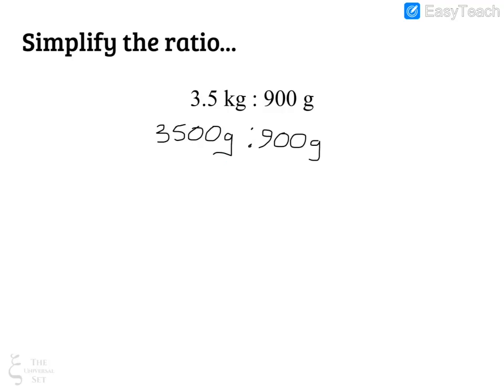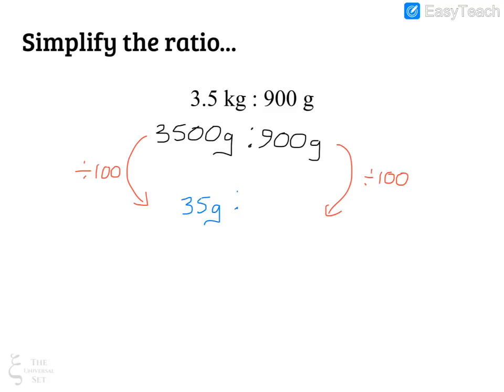What can I do to simplify this ratio then? Well, these numbers both end in 2 zeros, don't they? So these must both be in the 100 times table. I can divide by 100, divide by 100. And so 3,500 divided by 100 is going to be 35 grams.